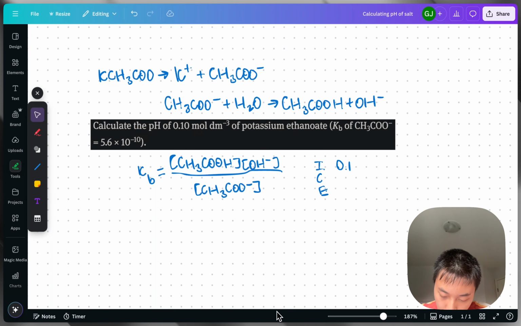And for CH3COOH it is 0, same for OH⁻, 0. The change is going to be negative x, and plus x. And so the equilibrium would be 0.1 minus x, and x, and x.